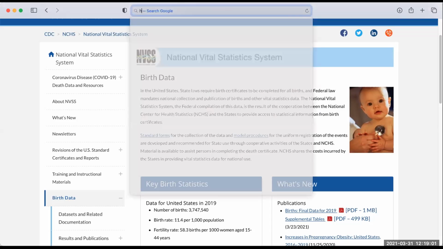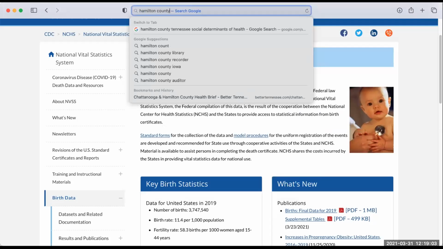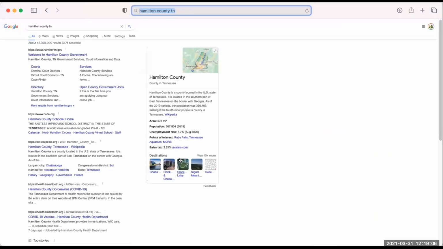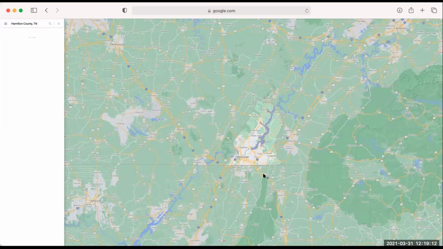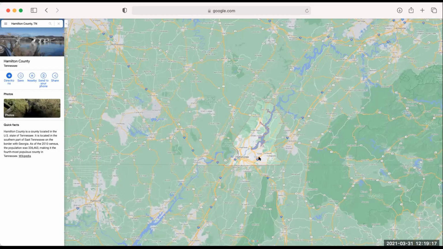Now, Hamilton County is a county in southeast Tennessee. If we look at this map here, you'll see that this is located very close to the southeast corner, and we're right on the border with Georgia.